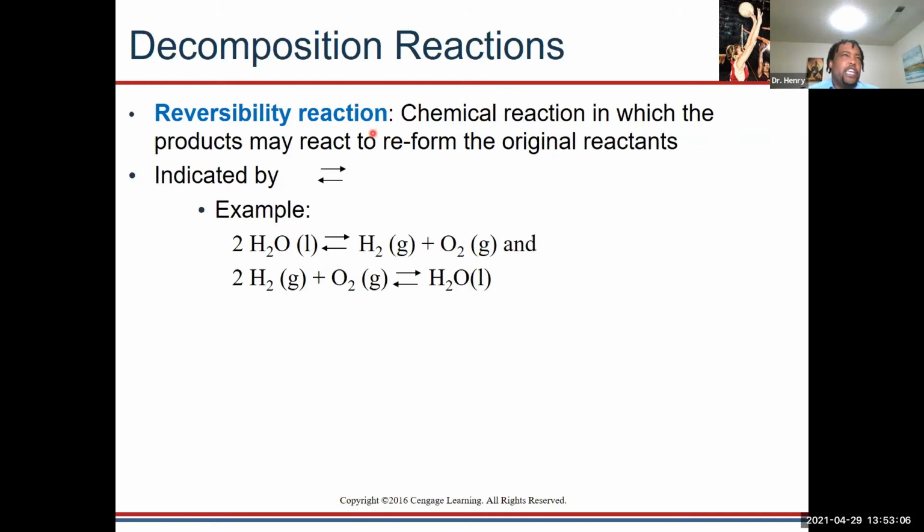So they're kind of like equal, but not quite equal. I'll explain that when we get into equilibrium, okay? But it's just the fact that you have both states existing at the same time. In this case, you'd be making water at the same time that you're making the gases, and those rates are going to be the same, so nobody's going to be favored.